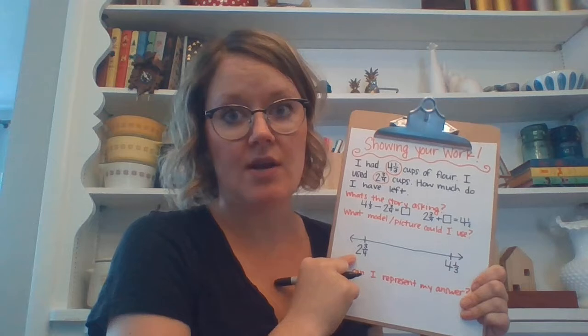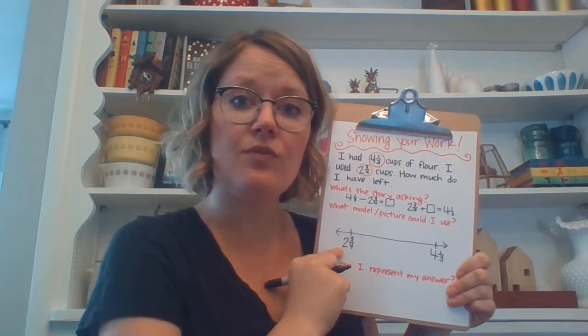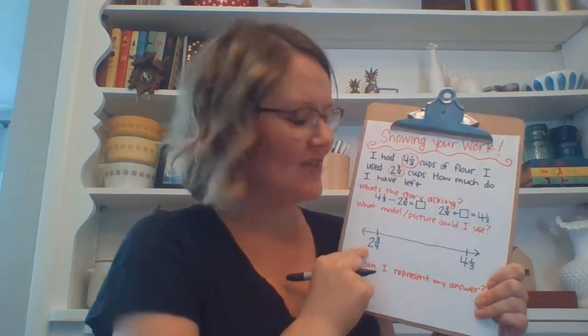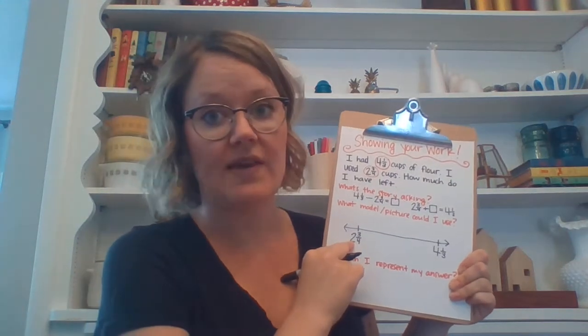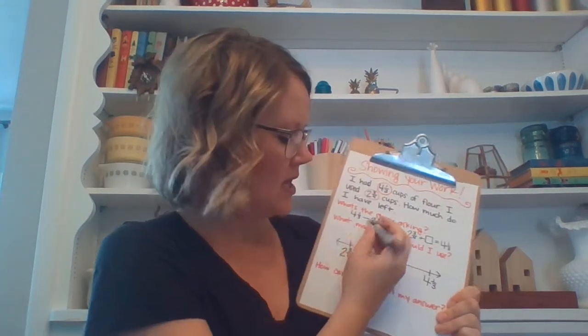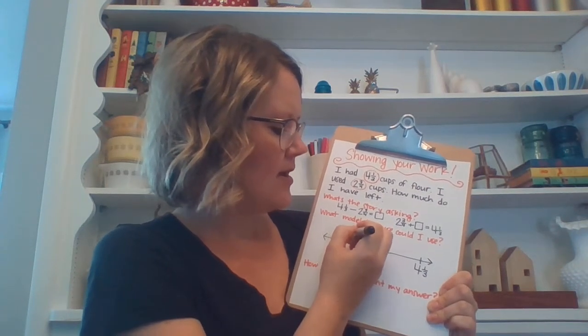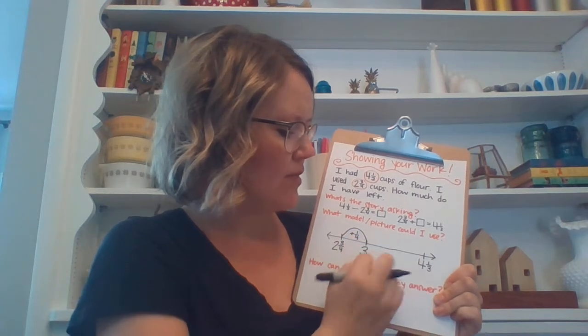Now, if you don't know what a landmark number is, you can revisit the video from last week, Unit 5, Module 4, where I did talk a little bit about landmark numbers. So landmark number here, 2 3/4, I want to get to 3 because 3 is a little easier to work with for me. So in order to get to 3, I would need to add another 1/4 cup of flour, and now I'm at 3 cups of flour.